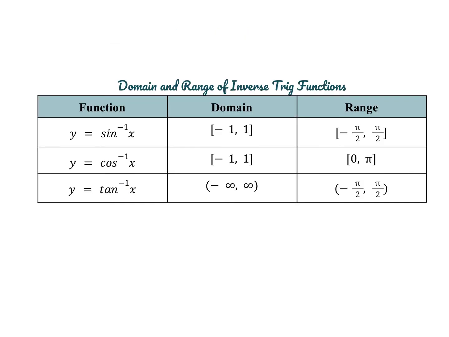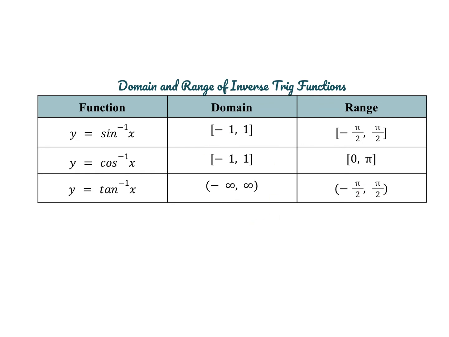Since we had those domain restrictions on our original functions, that results in range restrictions for our inverse trig functions. The range of arcsine is negative pi over 2 to pi over 2, which was the restricted domain of our original function. The range of arccosine is 0 to pi, and the range of arctangent is negative pi over 2 to pi over 2.